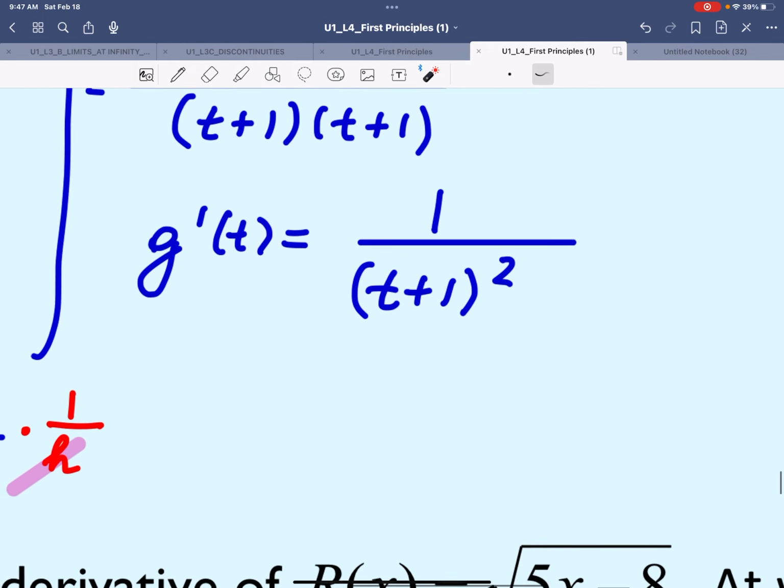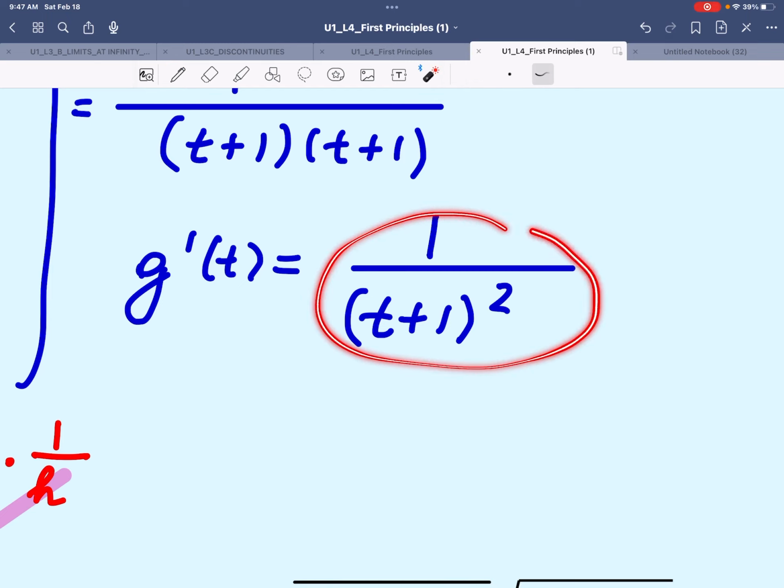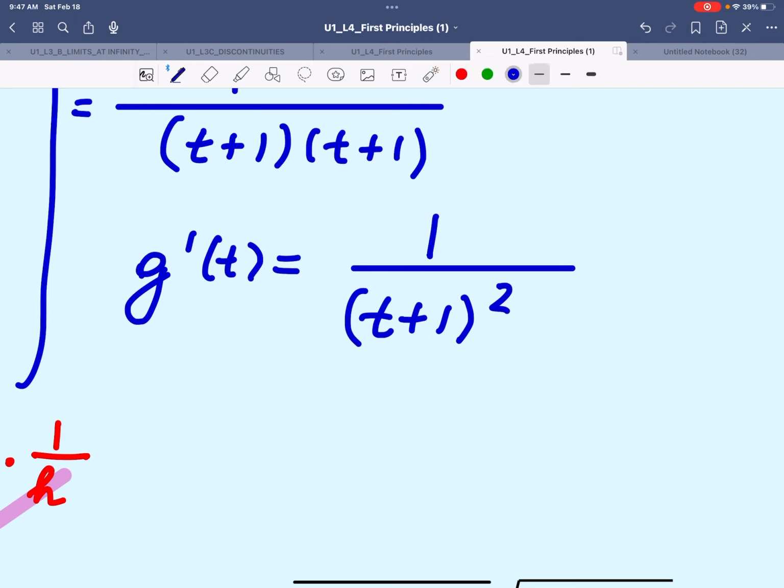Now, algebraically speaking, I want us to think, is this expression defined for any real value of t? As you can see here, we have restrictions in the denominator. So t plus 1 has to be different than 0, which means that t must be different than negative 1.